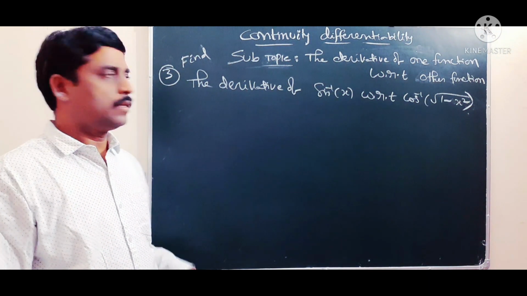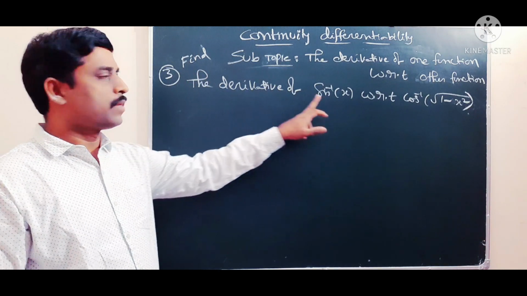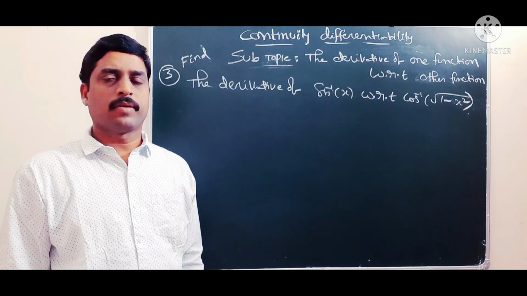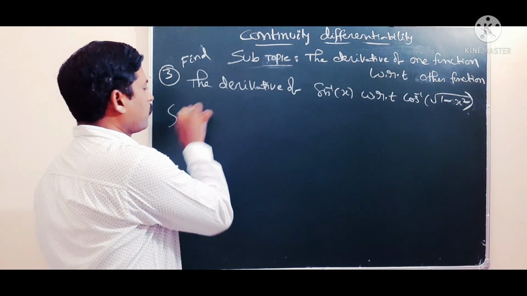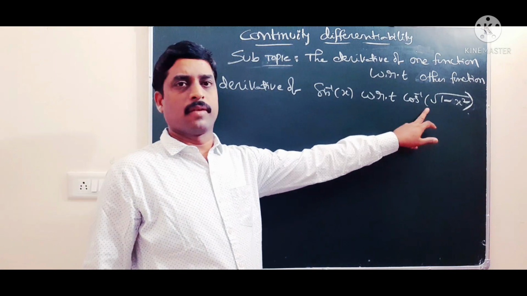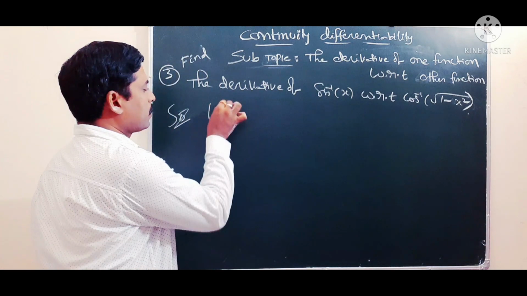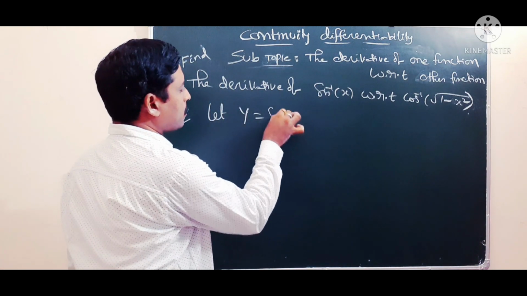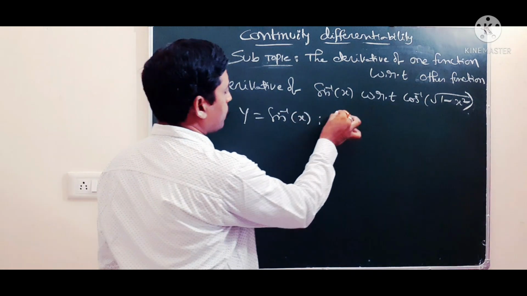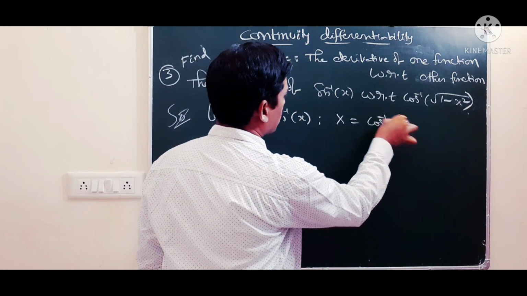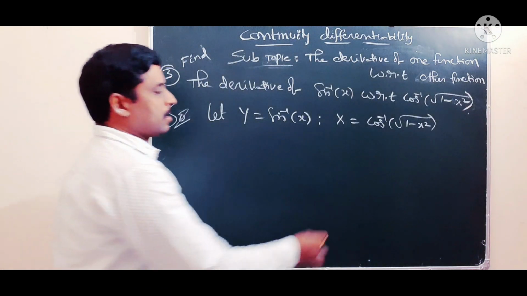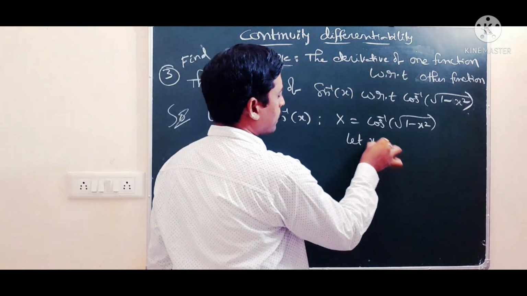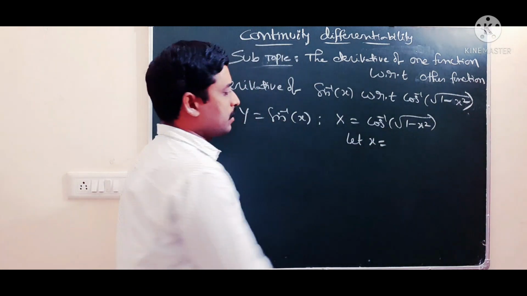Okay, look at the next question. Find the derivative of sin inverse x with respect to cos inverse of under root 1 minus x square. So the derivative of the first function with respect to the second function. Let us take the first function y is sin inverse x, and the second function x is equal to cos inverse of root 1 minus x square. Let us take x is equal to sin theta.